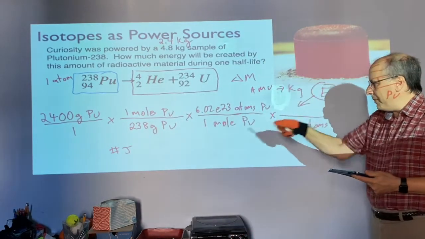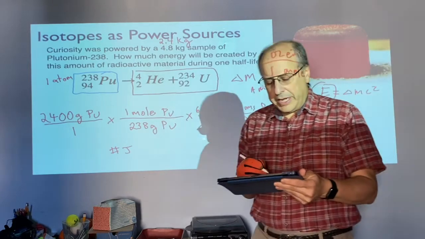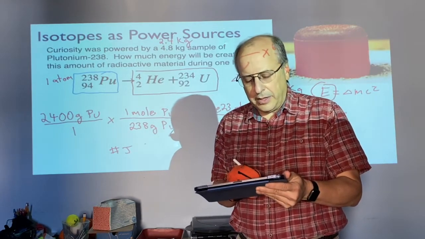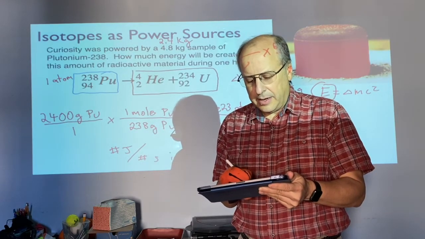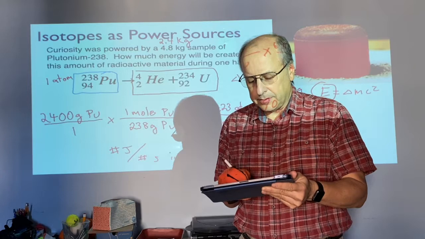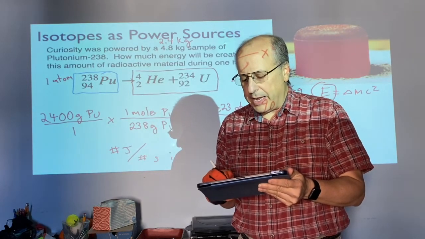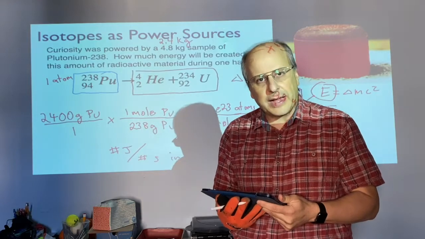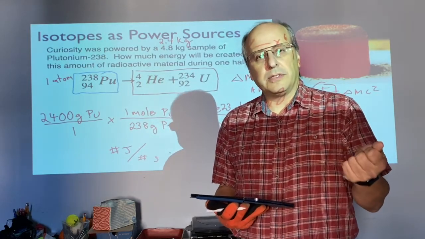But figure out how many joules we get in 90 years. Once you get the number of joules, I then want you to divide by the number of seconds in 90 years. That will give you the joules per second that we're able to get from this radioactive sample. In other words, how many watts?